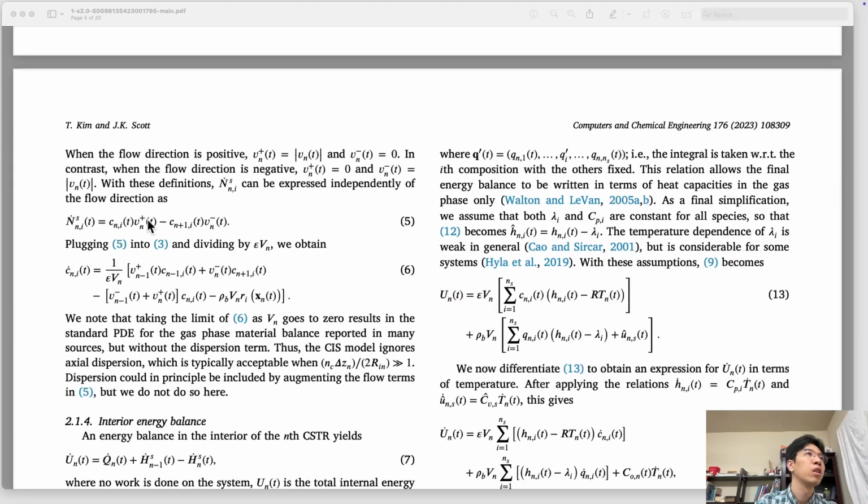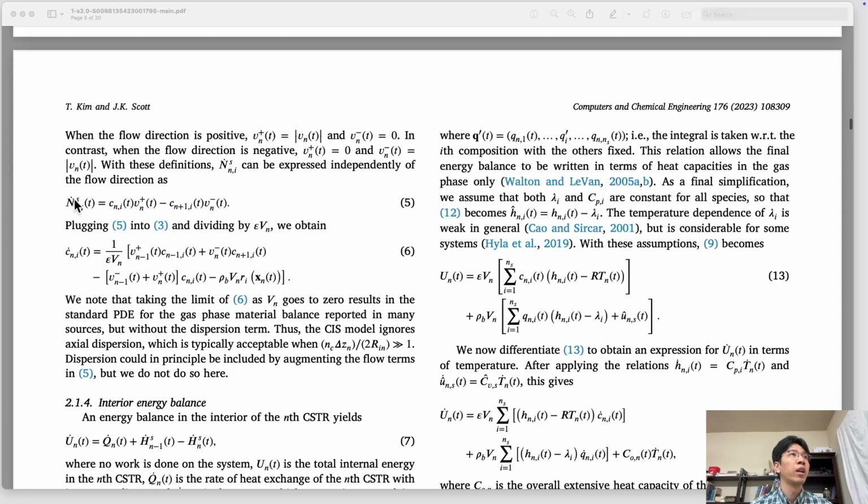Because when this one is positive, that one is 0, and when this one is positive, that one is 0. It's really important, right? Flow is starting from and going to. So this concentration has to always be the concentration where the flow starts, because that's what the concentration of the stream would be.